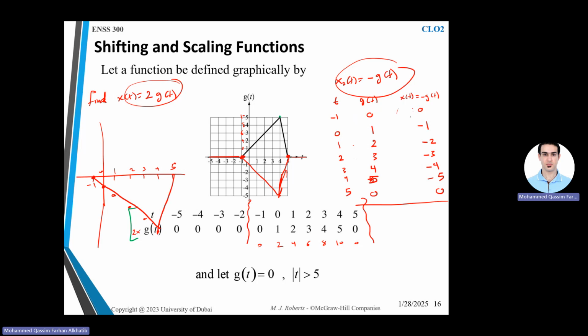If my time signal is, for example, if this function, I ask you x of t equal g of -t. Let's not worry about the values or the details, but at least when I look at this expression, we will later find that this is taking reversal left to right.